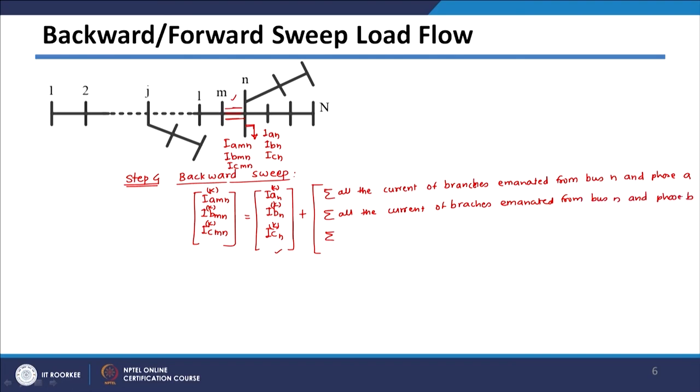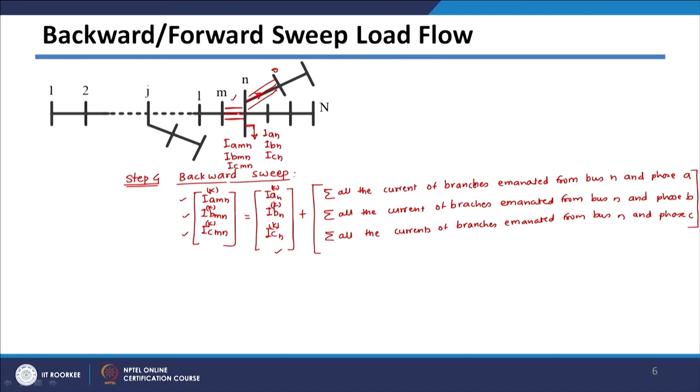So all the branches which are connected to phase B which are going out of this, because we have seen that in N phase itself there may not be all the branches which are connected to the next bus, say O. So there is possibility that all the 3 branches may not be connected to O bus, and then in this case all the currents of branches emanated from bus N and phase C. So this will give you all the 3 phase currents of all the branches of this particular distribution system.